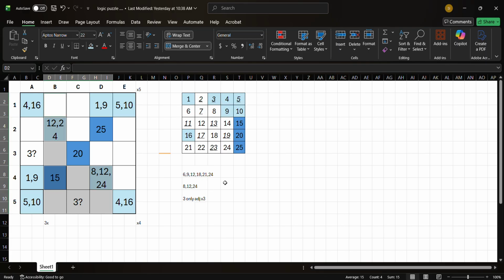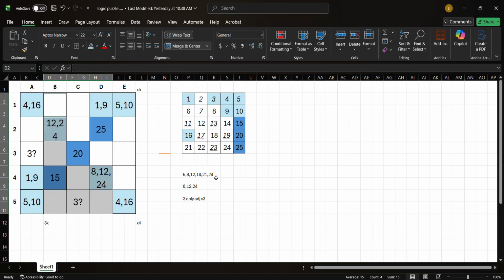How many have we got? 3, 6, 9, 12, 15, 18, 21, 24 is 8 spots. So that would be all of the 3 times table. Does that work? 5, 6, 7, 8. I think that could work.